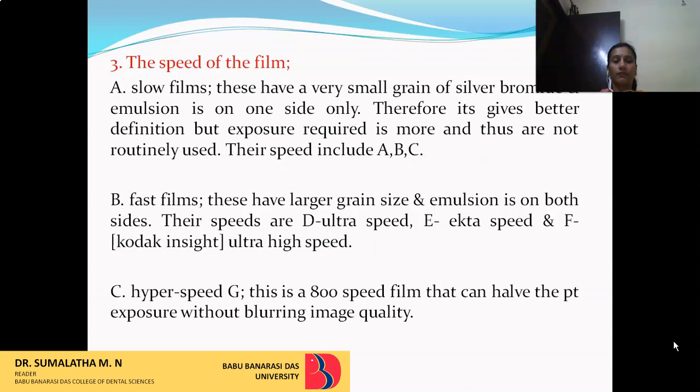The fast films have larger grain size and emulsion on both the sides. Their speeds are D speed, that is ultra speed, E, that is extra speed, and F, that is ultra high speed. The third category is hyperspeed G. This is an 800 speed film that can reduce the patient exposure without blurring image quality.